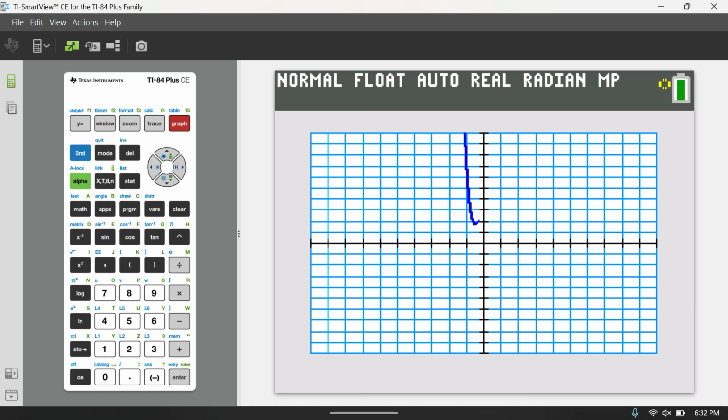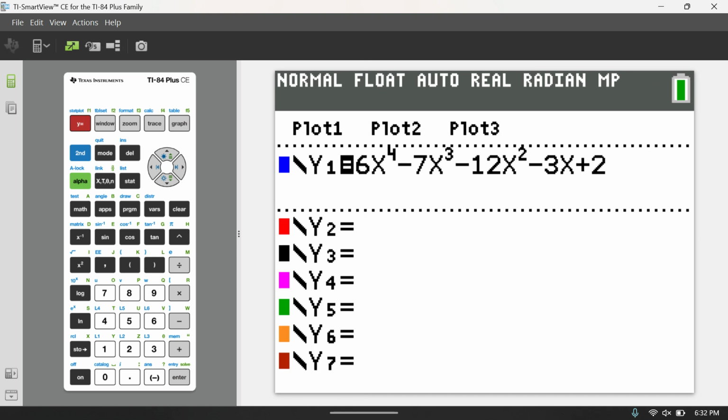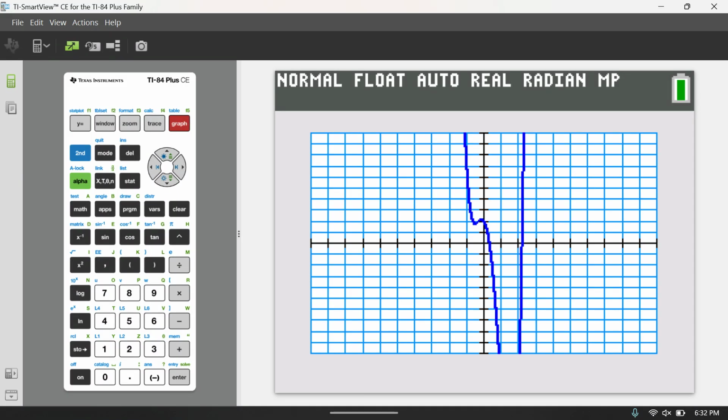So that was the original equation. Now I'm looking for it crossing the x-axis. Did I type in everything the right way? 6x to the 4th minus 7x to the 3rd minus 12x. Yeah, I did. All right.